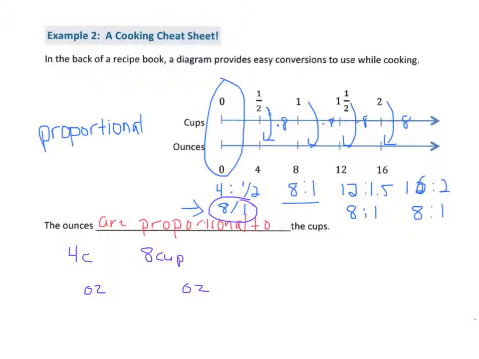So it is 8 ounces for every 1 cup. So we can multiply the cups by 8 to determine the number of ounces. So 4 times 8 is 32, 8 times 8 is 64. So figuring that unit rate is a really easy way to continue the conversions.